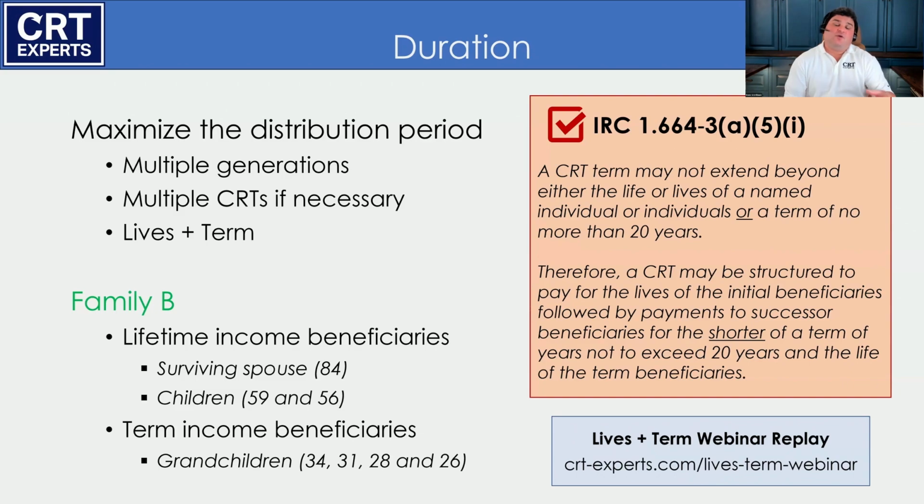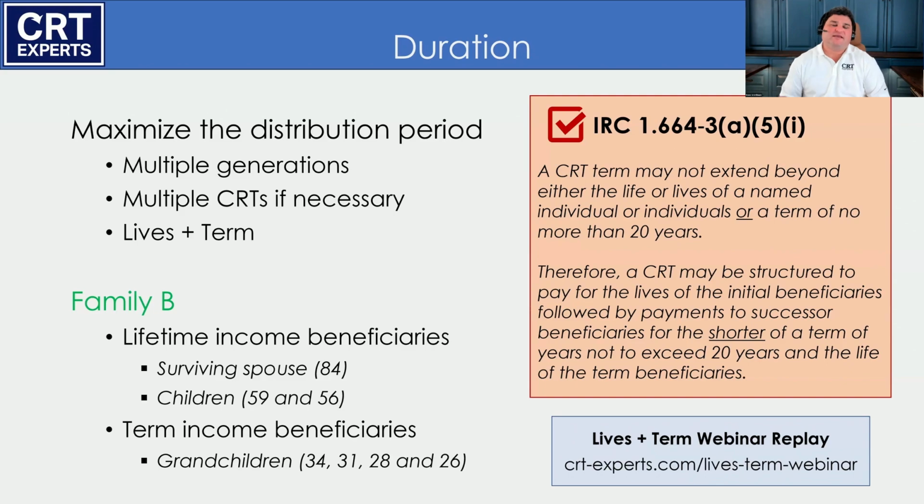So in this scenario, we'll go to the spouse for the spouse's remaining lifetime, then to the two children for their remaining lifetimes, then to the grandchildren for the shorter of their remaining lifetimes and a 17, well, we'll see, and a term of years. It's highly unlikely to happen, but if the grandchildren all die prematurely before that term is up, that would end the trust.